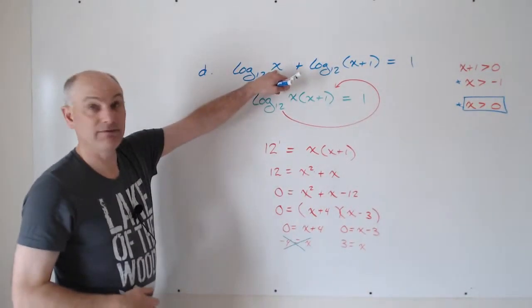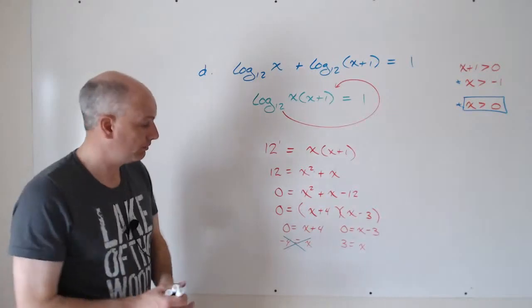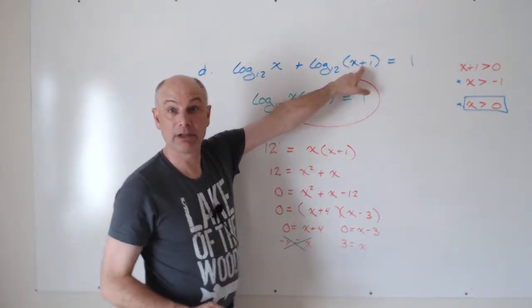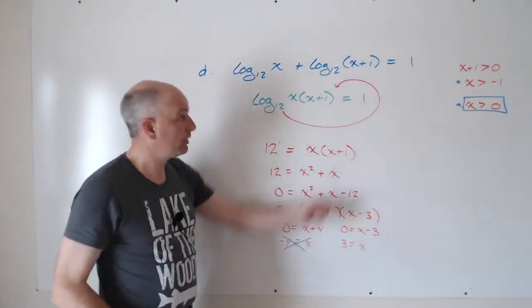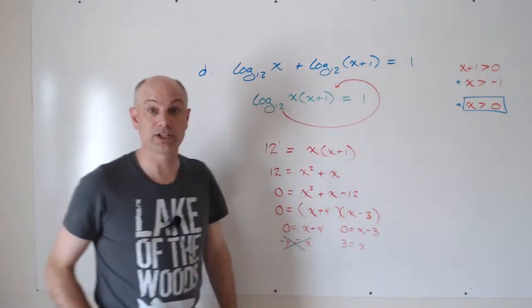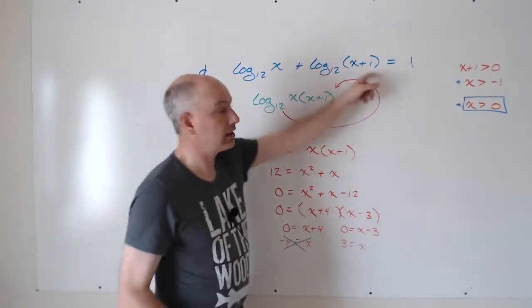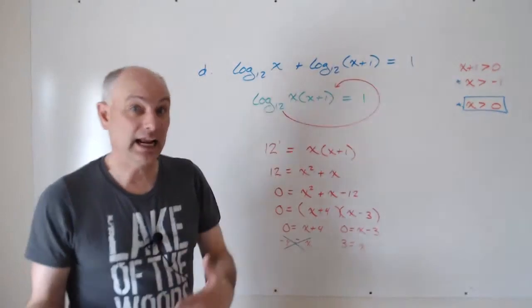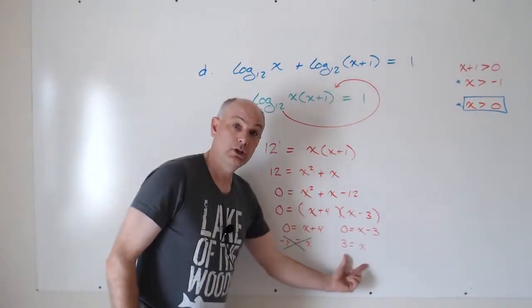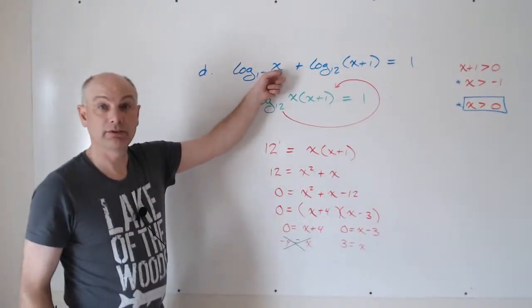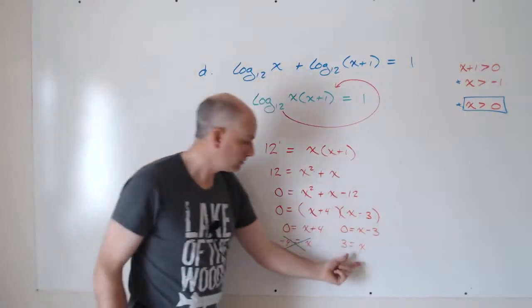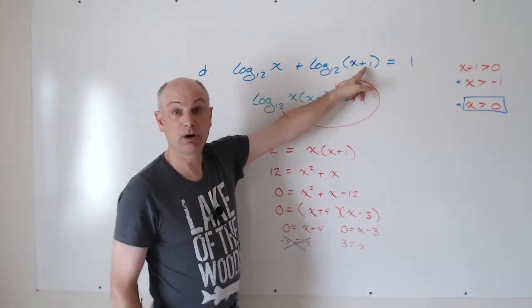Again, keep in mind that value has to be greater than 0. Here, I've got to be greater than negative 1. We'll put a negative 4 in here: negative 4 plus 1 is negative 3. Again, you're taking the logarithm of a negative. Not allowed. The 3 works, though. Log base 12 of 3, you could calculate that. Throw the 3 in here: log base 12 of 4. You could calculate that.